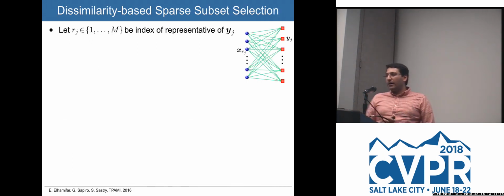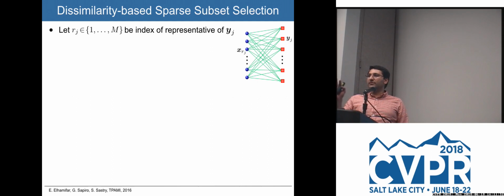So now, how can we recover this set of representatives? That was the setting of the problem. We have a source and a target, and we want to select a subset from the source set. To do it, we introduce assignment variables rj, which encode the index of the representative of yj.